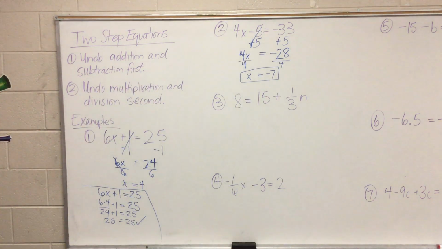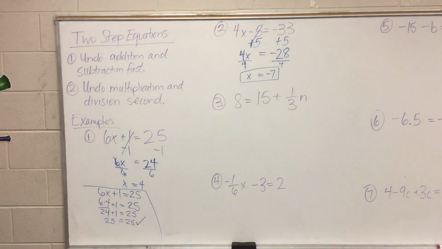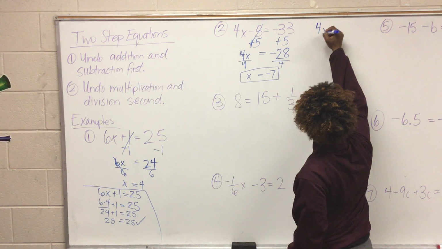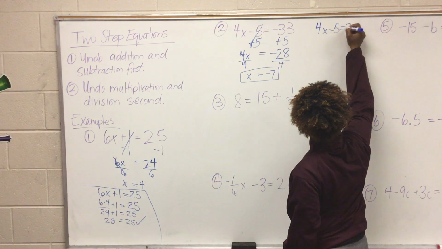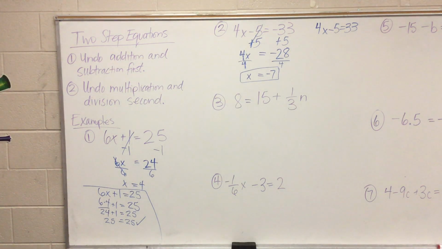And as always, we want to check to make sure our answer is correct. The first step in checking the problem is to write the problem again as it is. So that's 4x minus 5 equals negative 33.